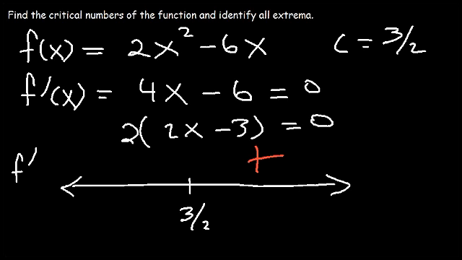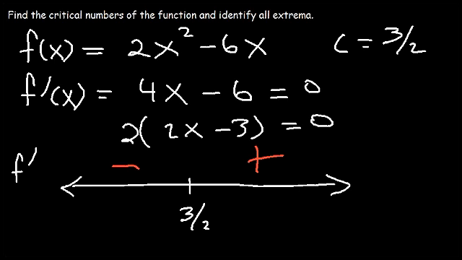So let's pick a number that's less than 1.5. Let's try 1. If we plug 1 into this equation, it's going to be 2 times 1 minus 3, which is a negative number. And if you multiply it by 2 on the outside, it's still going to be negative. So we're not concerned about the value. We just want to know if it's positive or negative. So the first derivative is negative when x is less than 3 over 2.